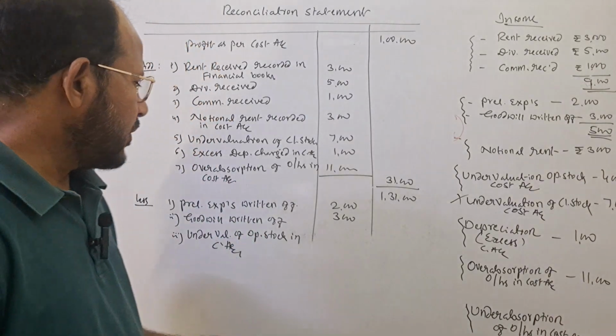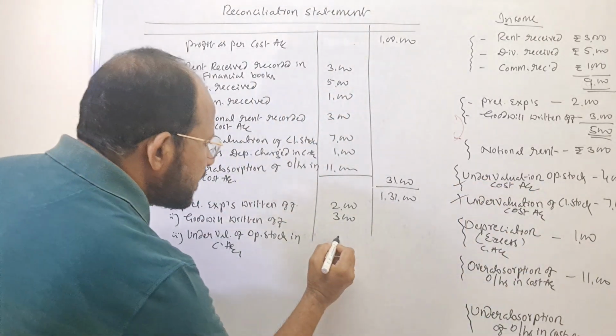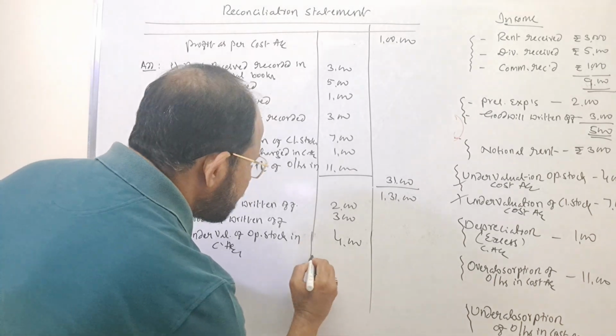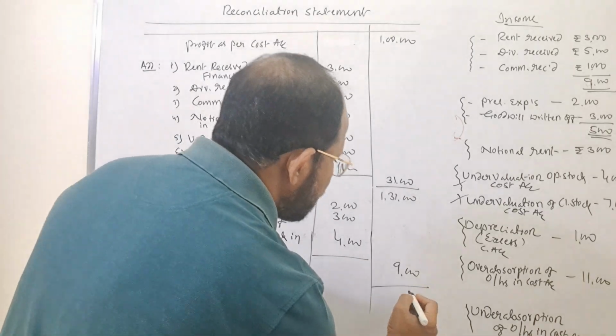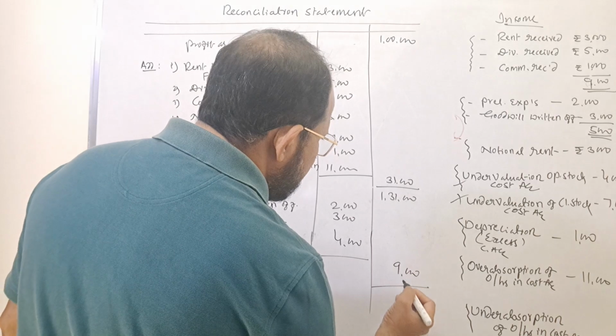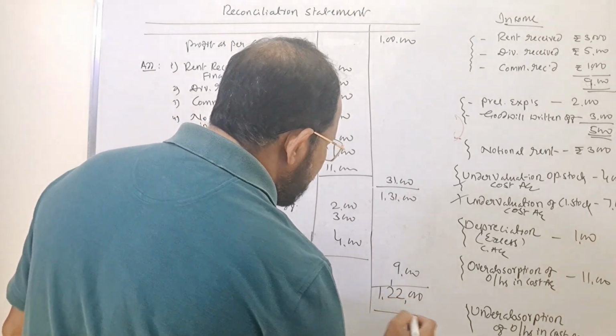Okay, next thing is we have to show the undervaluation of opening stock rupees 4,000. This 4,000 we have to show here. Next, the total comes to rupees 9,000. This rupees 9,000 we have to subtract from this 1 lakh 31,000. 11 minus 9, 2, 1 remains. It comes to 1 lakh 22,000.